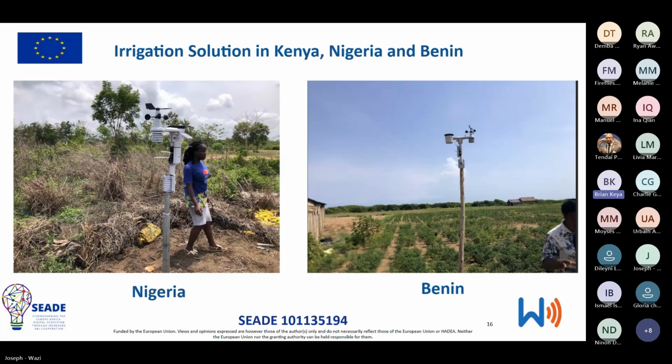So with that, we can be able to tell you there's no need to do irrigation now because it may rain in the next 30 minutes. Or maybe with the next weather pattern, this is the best time to do your irrigation. So that's the whole aspect we're looking at in creating the irrigation solutions that will power Kenya, Nigeria, and Benin, and also beyond. Thank you.